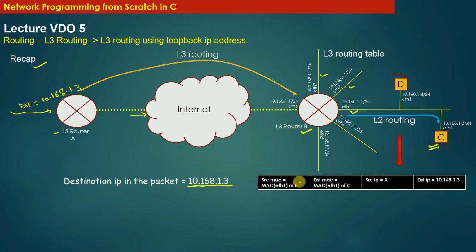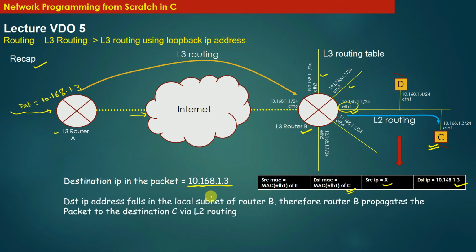The source MAC address will be the MAC address of the Ethernet 1 interface of router B, and the destination MAC address will be the MAC address of host machine C, which is the destination of the packet. The source IP address here is irrelevant. You can assume any value, and it will remain unchanged throughout the packet journey. Similarly, the destination IP address of the packet, as we have assumed, will be 10.168.1.3.